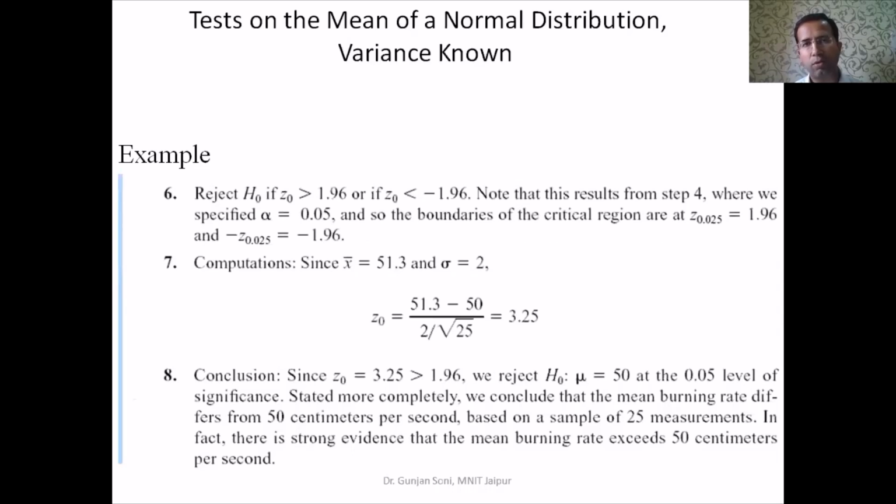From the normal distribution table, we can know that corresponding to alpha equal to 5, that's a two-tailed test. So that means I have to look for left and right as well. So the critical region is on the left side as well as on the right side.